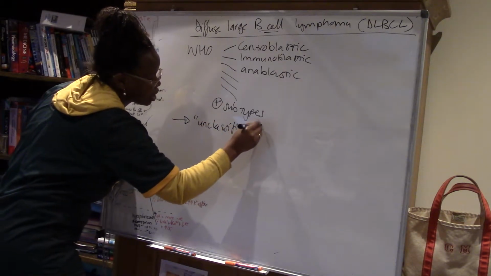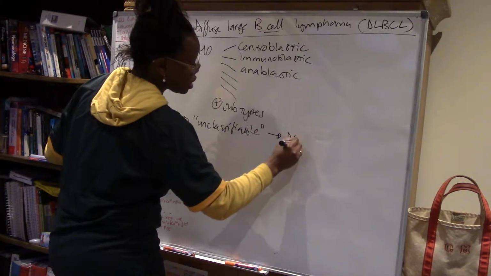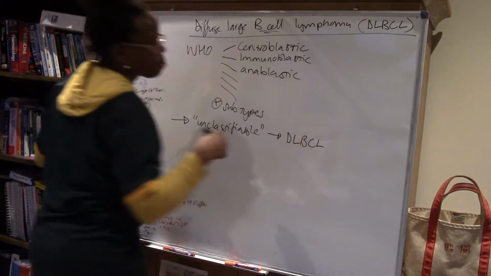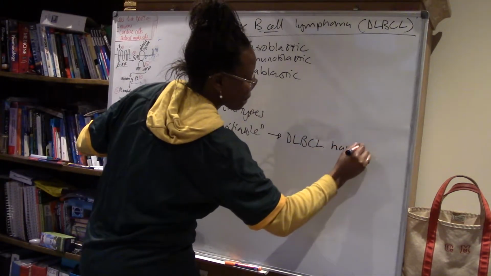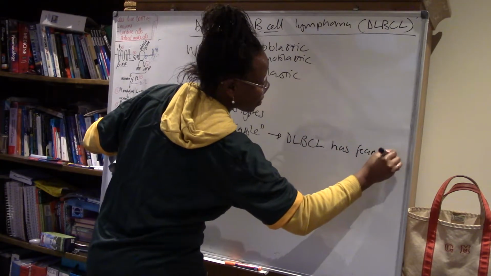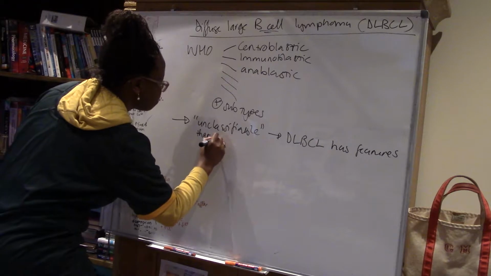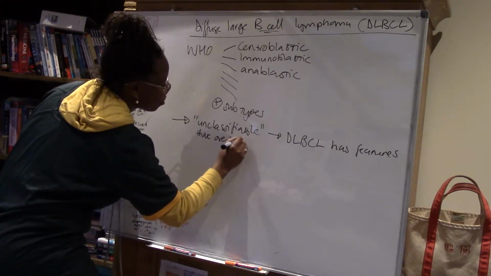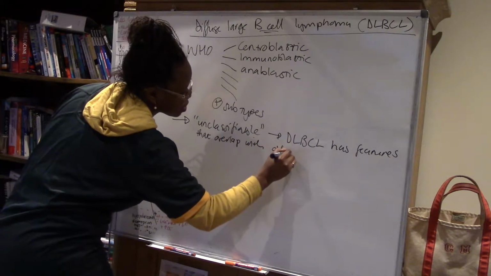It can be called unclassifiable, particularly if the diffuse large B-cell lymphoma has features that overlap with other cancers.